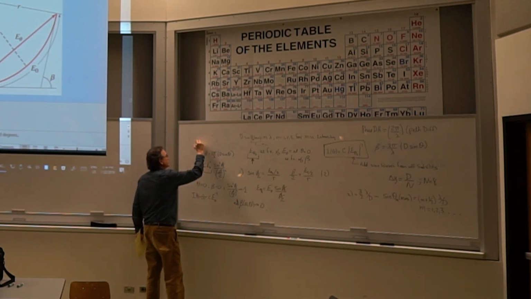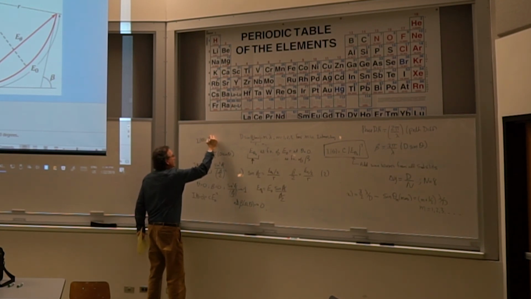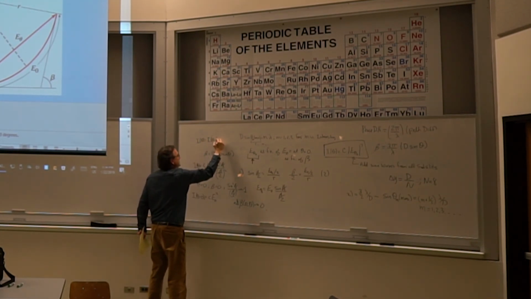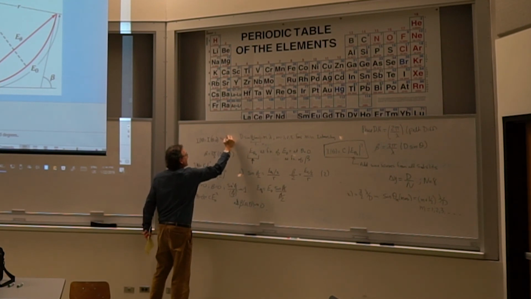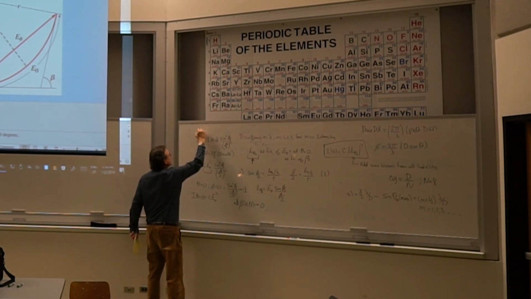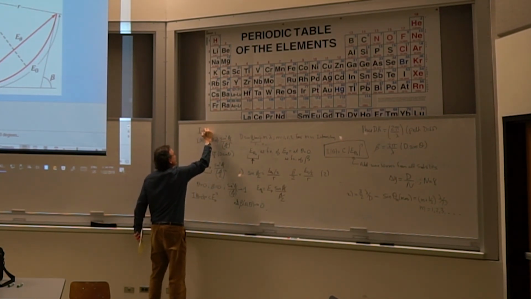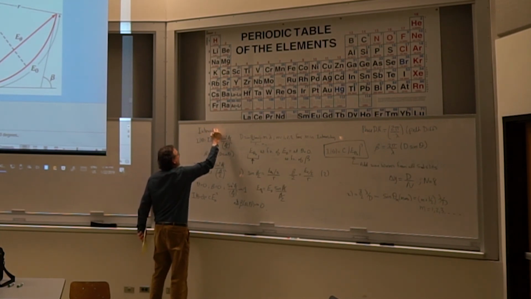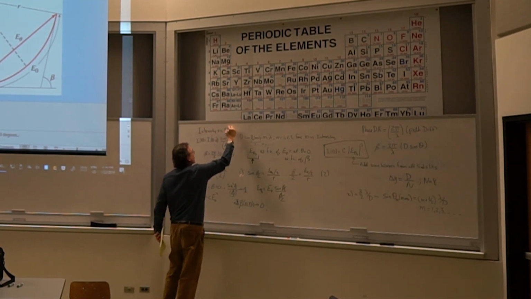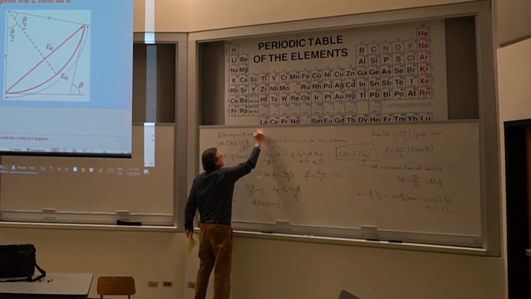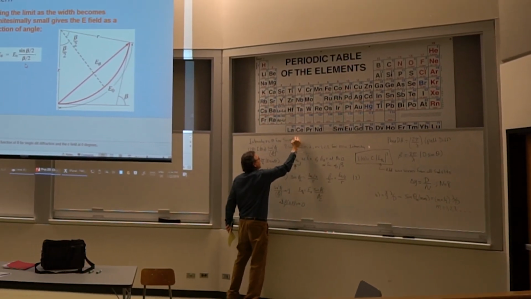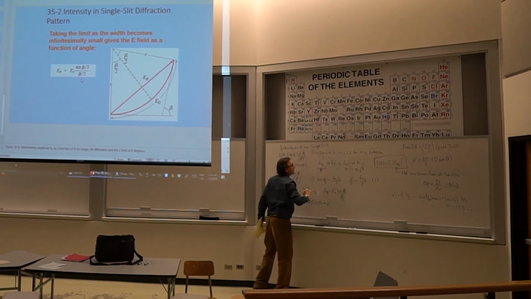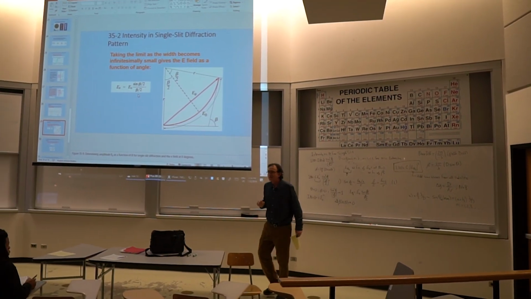So we have the same result as we had with the single slit: the intensity as a function of theta is equal to I at theta equals 0 times sine squared of beta over 2 divided by beta over 2 quantity squared. And this is the intensity versus theta for a single slit. And that's our result.